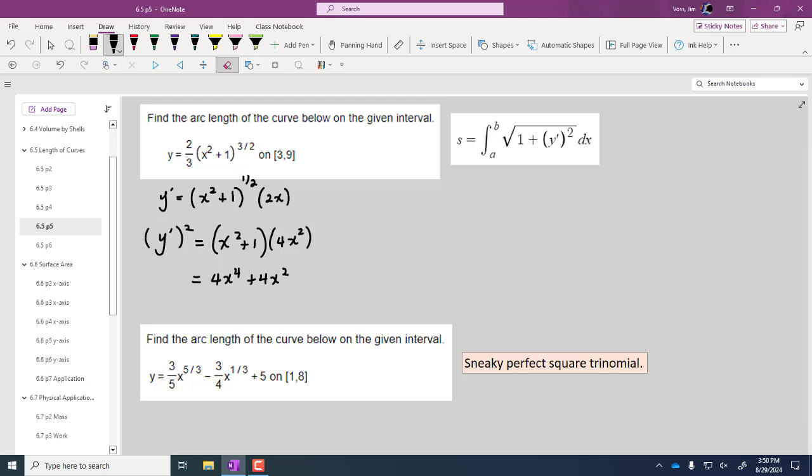So let's go ahead and build our arc length formula then. So S is going to be integrating from 3 to 9, square root. We have to add 1 to this thing, so we have 4x to the 4th plus 4x squared plus 1.